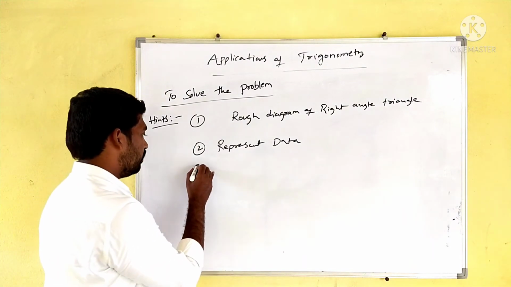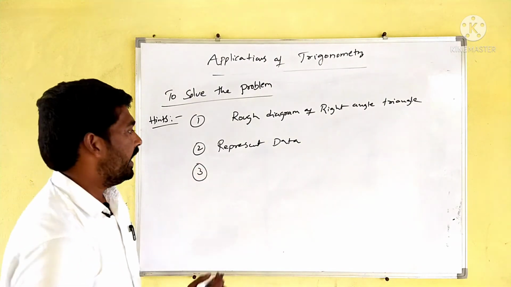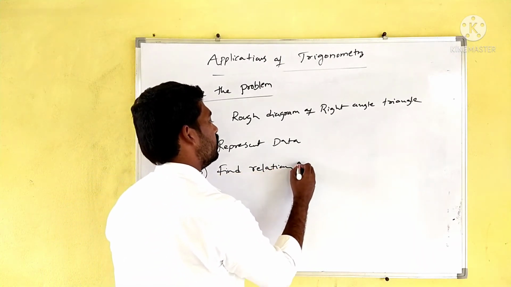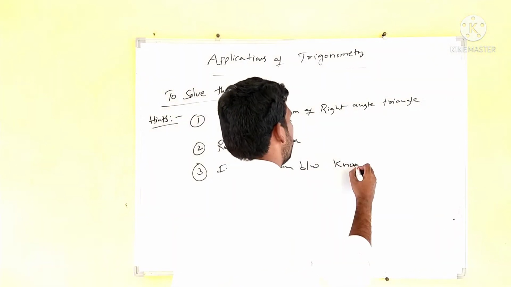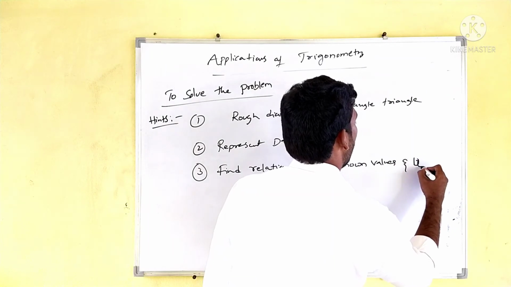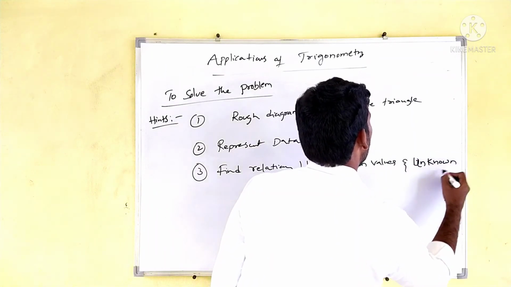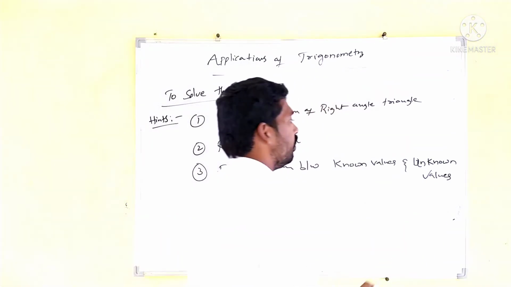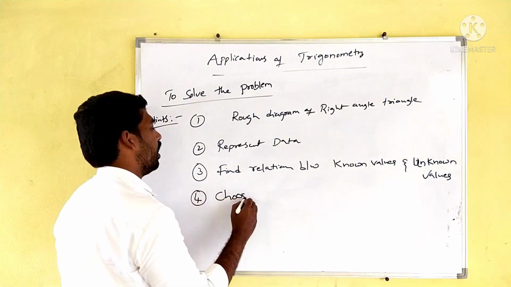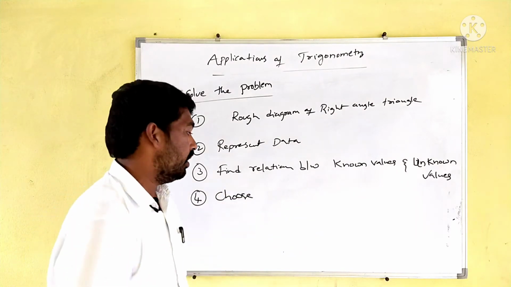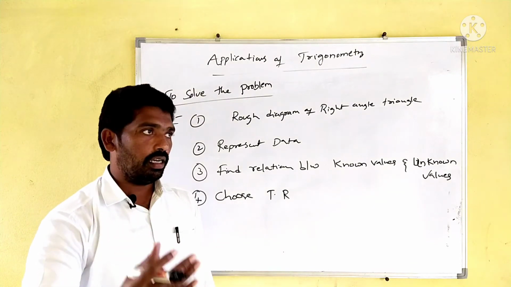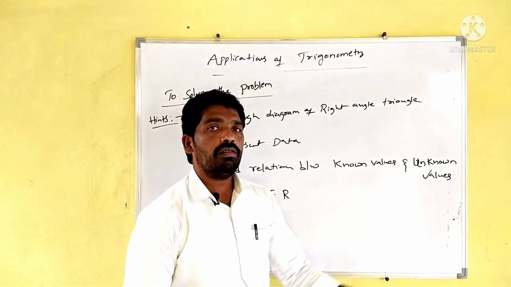Third, find the relation between known quantities, known values and unknown values. The last one is to choose the appropriate trigonometric ratio. Choose appropriate trigonometric ratios to find unknown values.